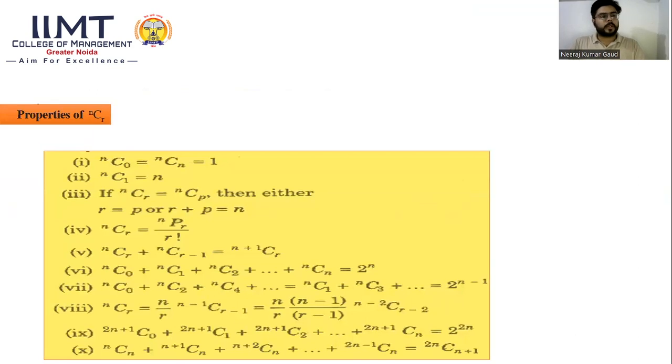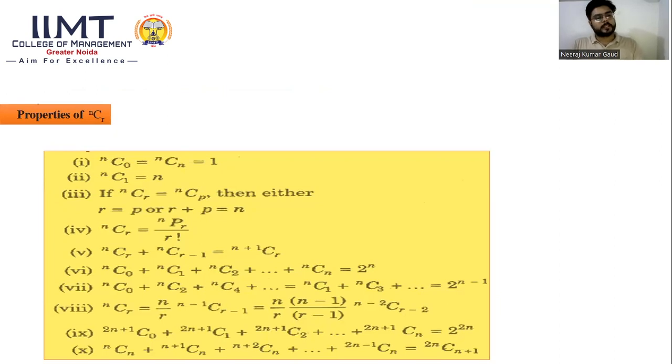So these are the properties of combinations. The first one is nC0, which is equal to nCn, which comes out to 1. Second property, nC1 is n. Third property, if nCr equals nCp, then either r is equal to p or r plus p is equal to n. Fourth property, nCr is equal to nPr upon r factorial.